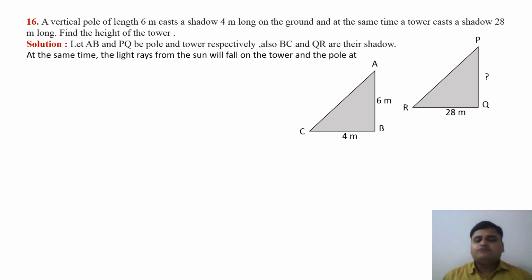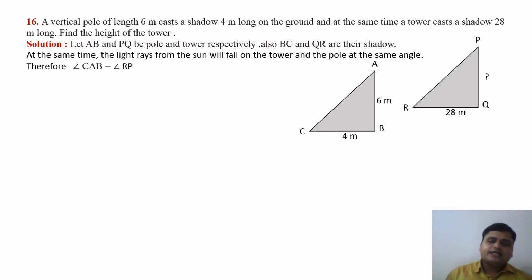When light falls on the tower and on the pole at the same inclination or same angle, then we will use the concept of similarity here, because the angle will be the same.